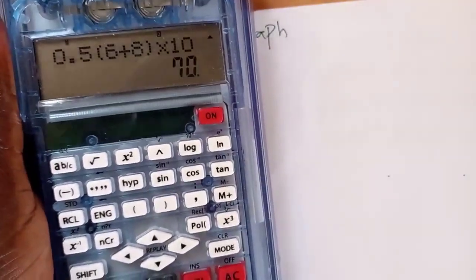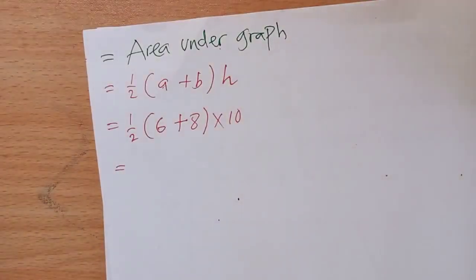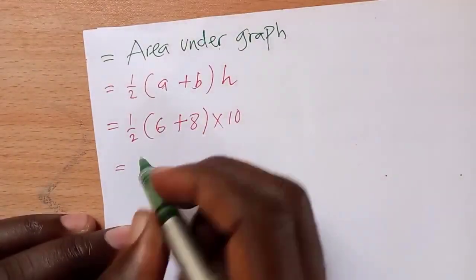Now press the equality sign and you have 70. So the change in momentum is 70.